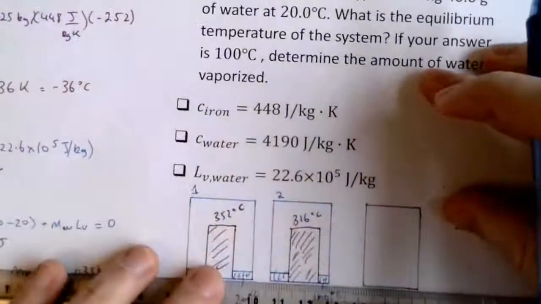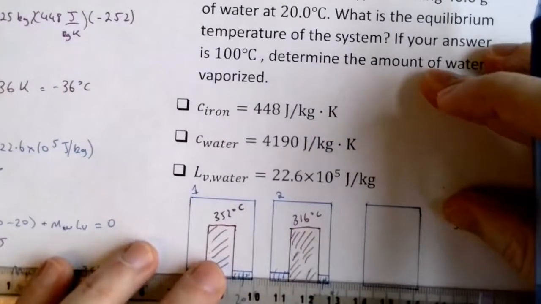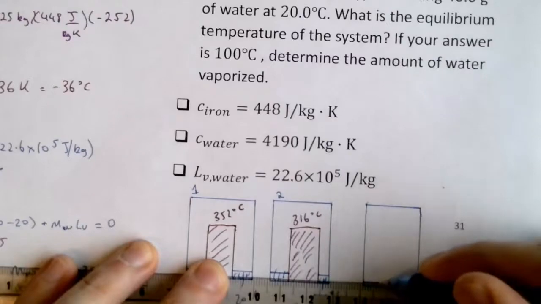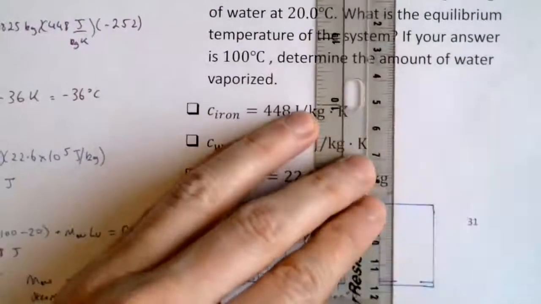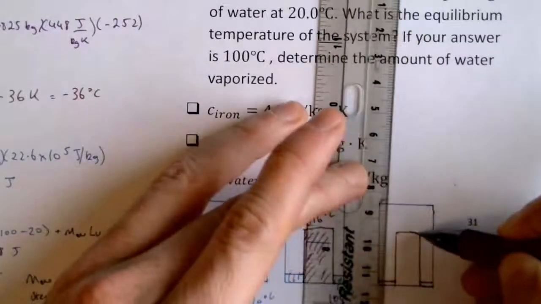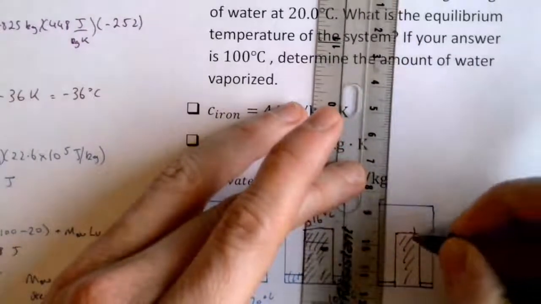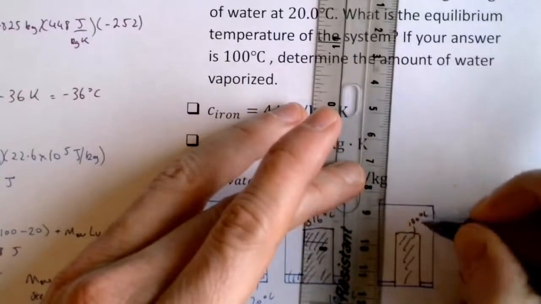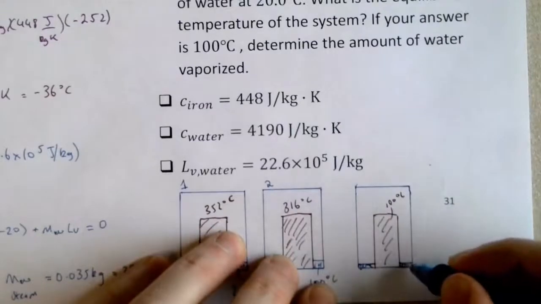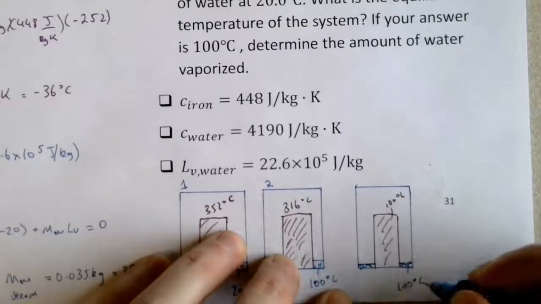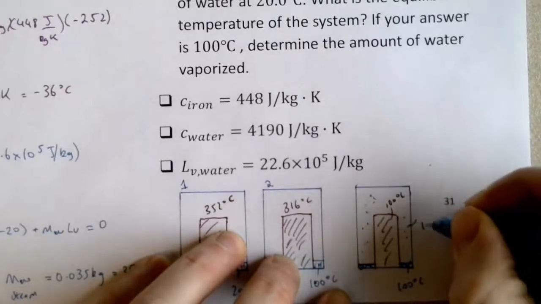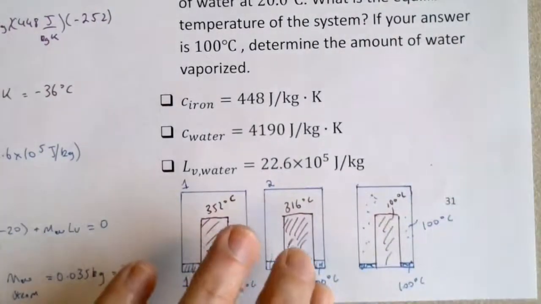So now we'd have barely any water left in the container and the calorimeter. So we'd have our iron block at 100 degrees. Our water down here, the 5 grams that's remaining, is at 100 degrees, and then the water vapor is also at 100 degrees, and that would be the equilibrium state of the system.